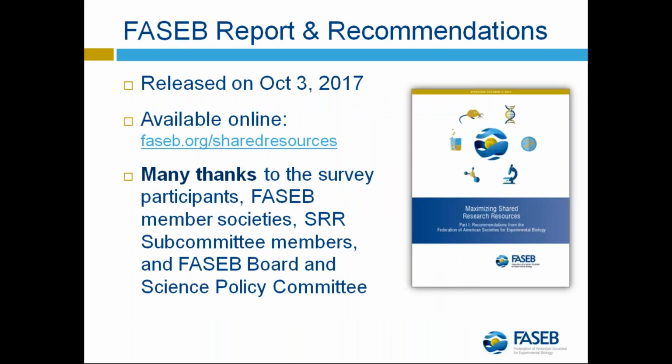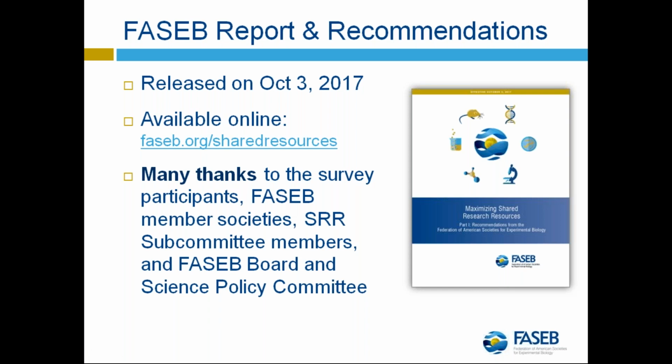The FASEB report and recommendations: there are many strategies to make shared resources more sustainable, and we can't cover them all in this 1-hour webinar. For more ideas, please refer to the FASEB report, Maximizing Shared Research Resources. We identified and offer recommendations in 4 major areas: funding and business operations, discoverability and access, ability to meet evolving needs, and facility, career track, and staff development.